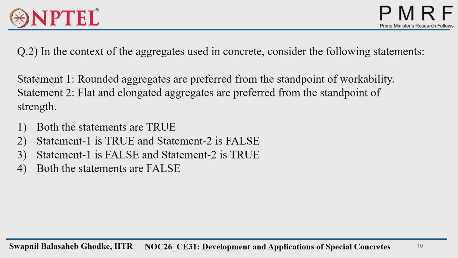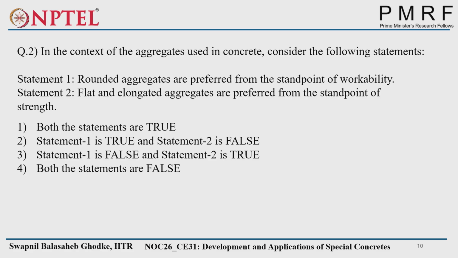So, in the context of the aggregate used in concrete, consider the following statements. Statement one: rounded aggregates are preferred from the standpoint of workability. Statement two: flat and elongated aggregates are preferred from the standpoint of strength. So, what will be the correct option? Statement one is true and statement two is false.